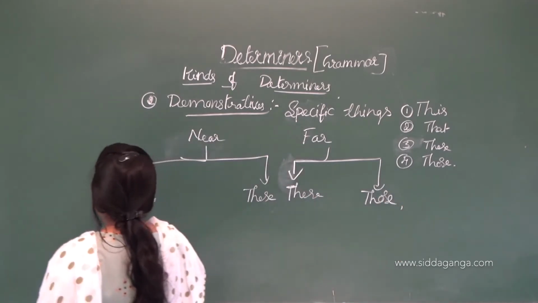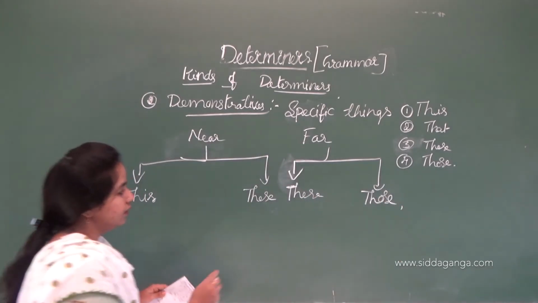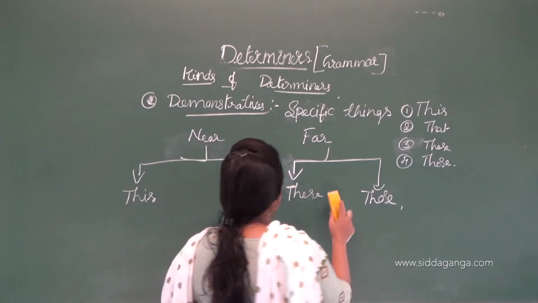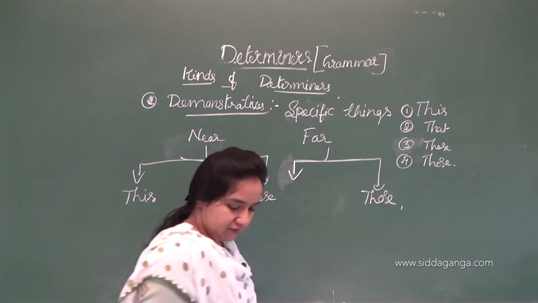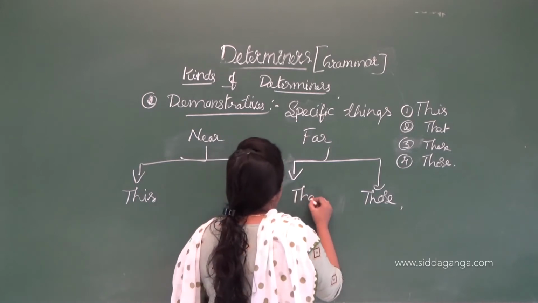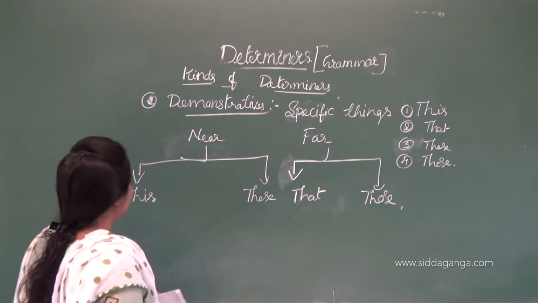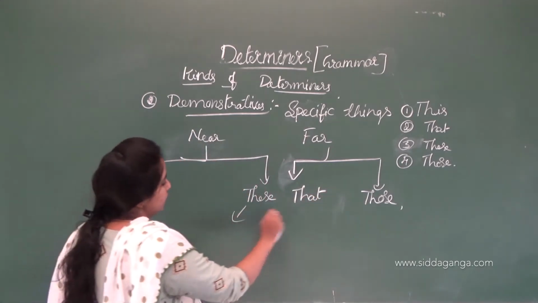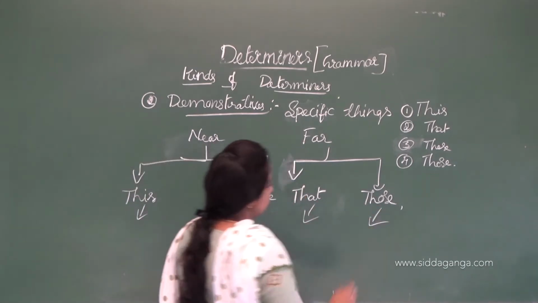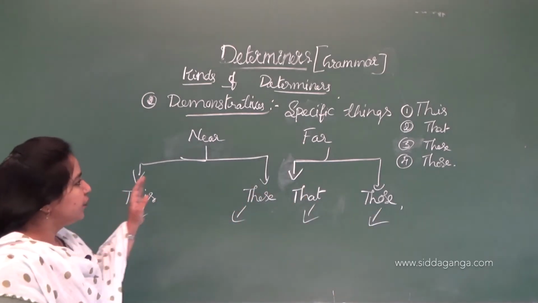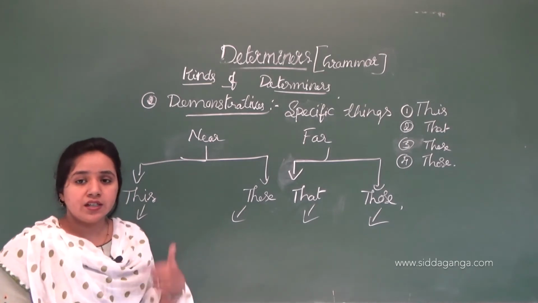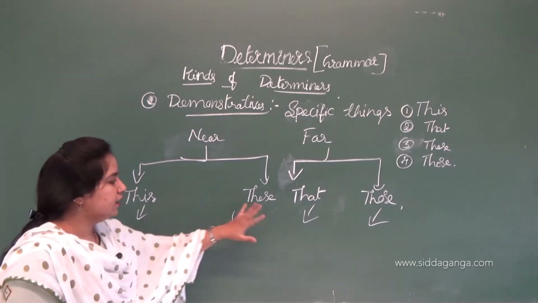Okay, so let's see what is this and what is that. How we are using this and these, and how we are using that and those. So now you understood that for the things which are near to us, we are using this and these.